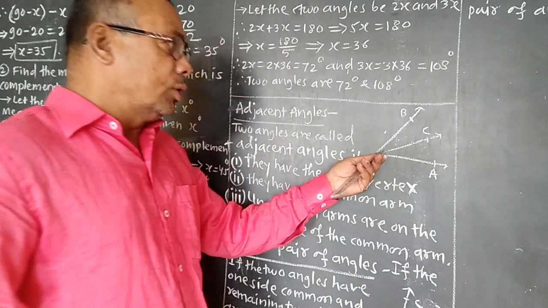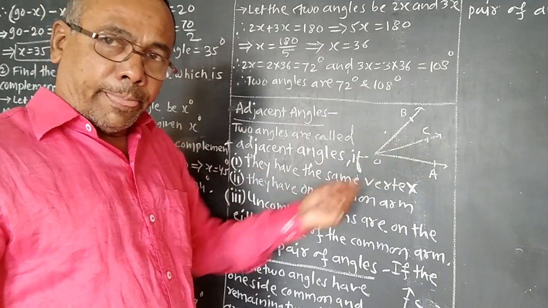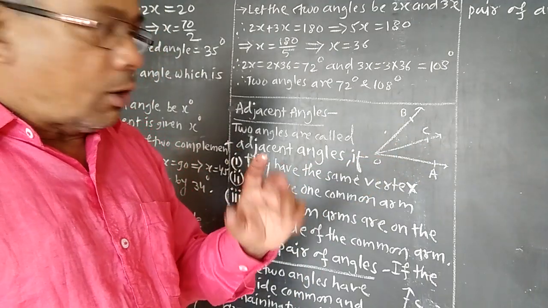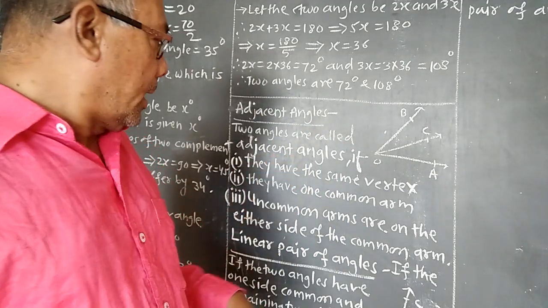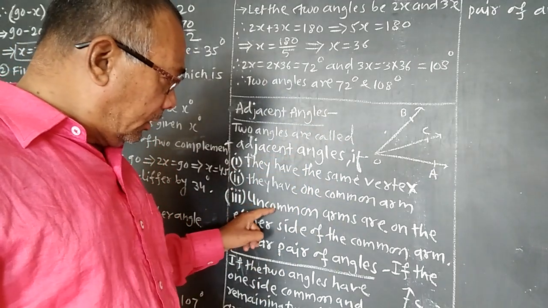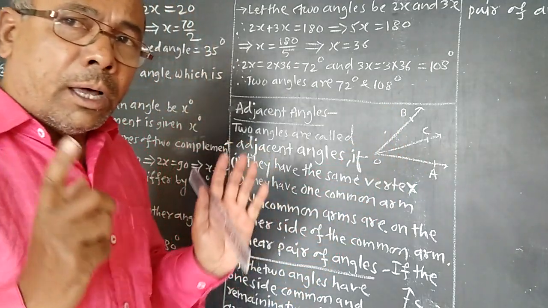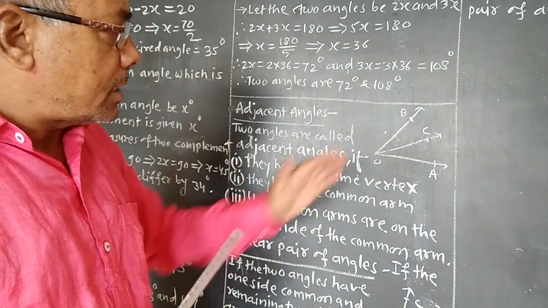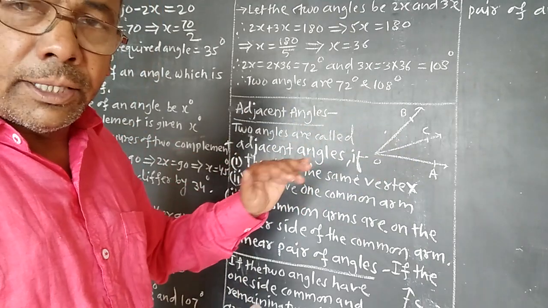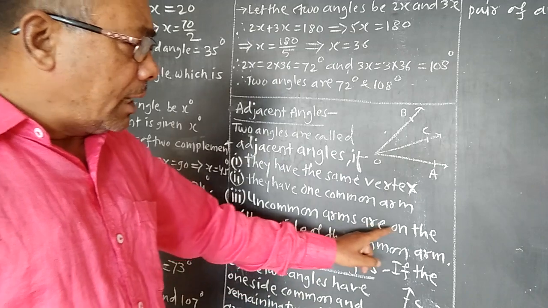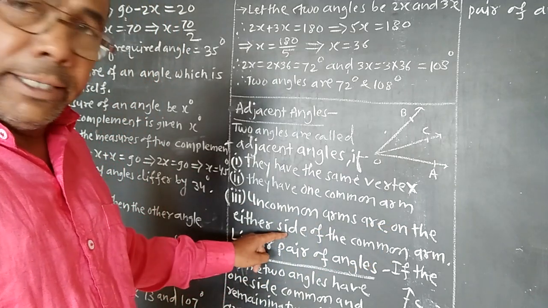Means ray OC is the common side or common arm of both the angles. And now third, the uncommon arms. Here OA and OB are the uncommon arms. These are the separate arms. Therefore the uncommon arms are on either side.